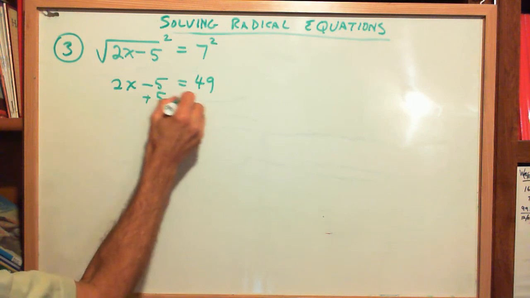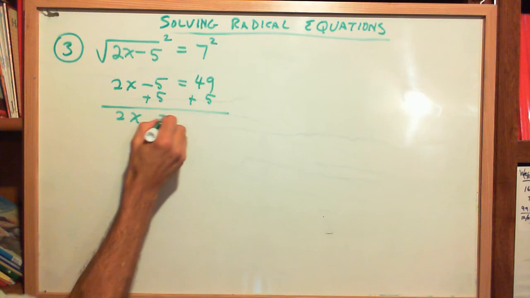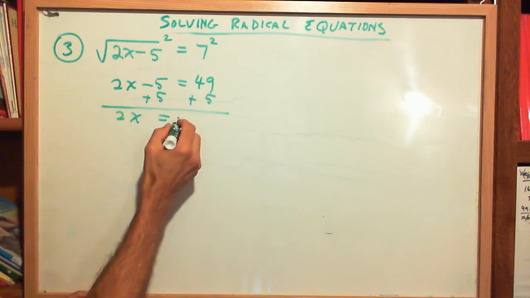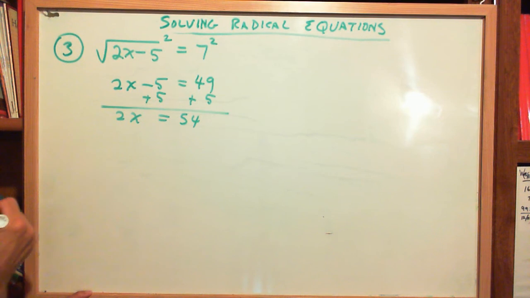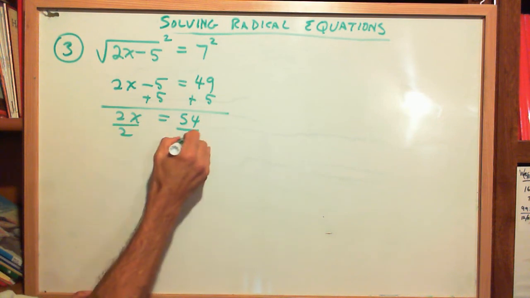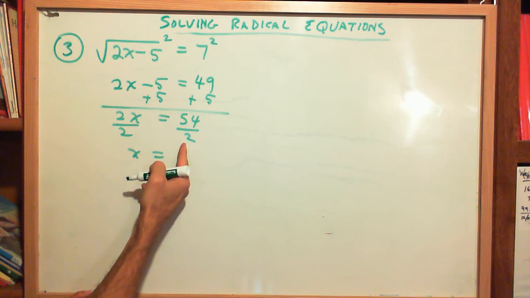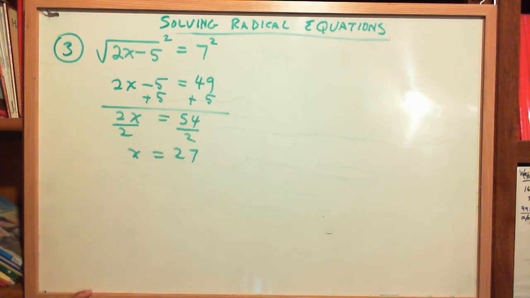I add 5, I have 2x is equal to 54, right? And divide by 2, x is equal to 27, I think. Sounds right.